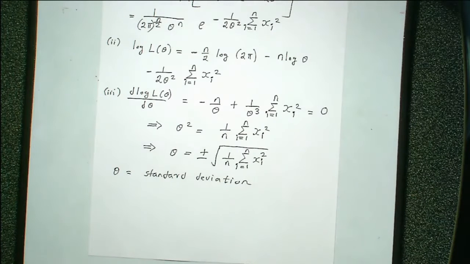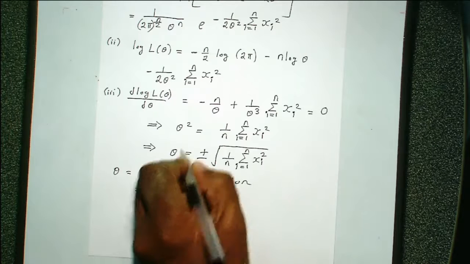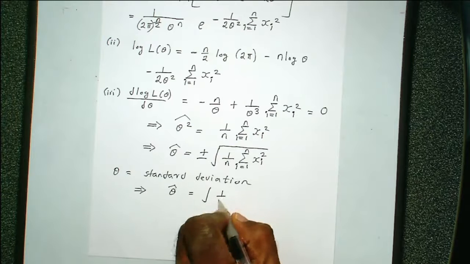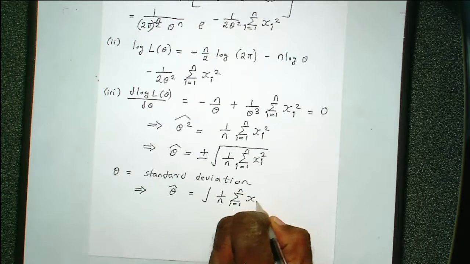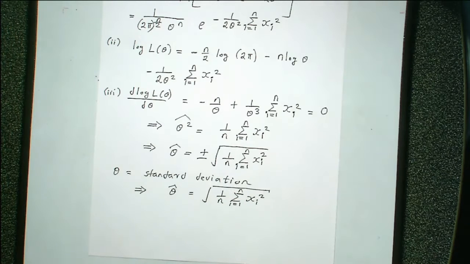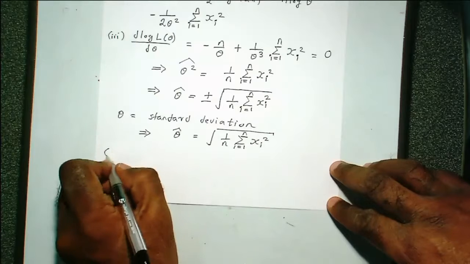It cannot be a negative number. So the only possible root is the plus root. The minus root cannot be a valid root because standard deviation must be a positive number by definition, right? All right, number 4.